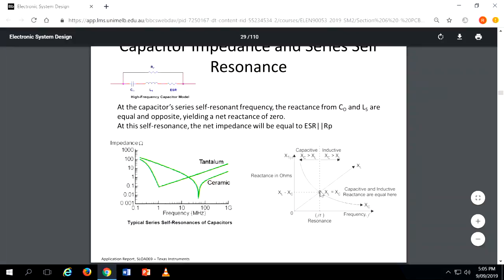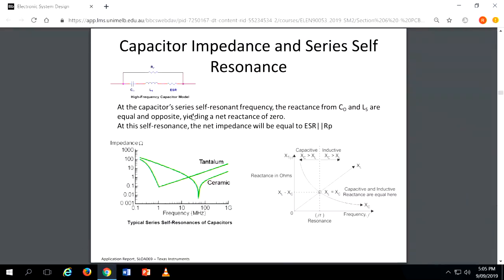So for the capacitor, your low frequency capacitance reactance is decreasing with frequency, but the parasitic inductive reactance will be increasing as the frequency increases. At some point here, your XL and XC are both equal and opposite. So this point occurs, where the reactance is small. That is due to the capacitor series self-resonant frequency. Please remember this.